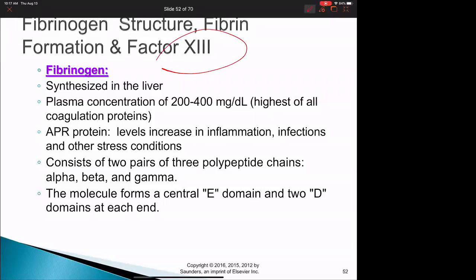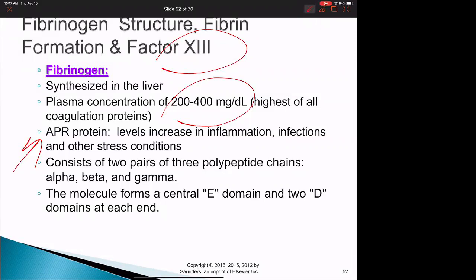Fibrinogen, as I said to you before, is synthesized in the liver. It has a very high plasma concentration, probably the highest of all coagulation proteins. It is also an acute phase reactant, so the levels of fibrinogen increase in inflammation, in cases of infection, and also other stress conditions.